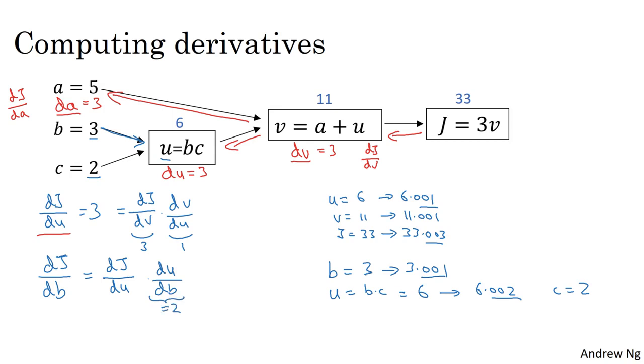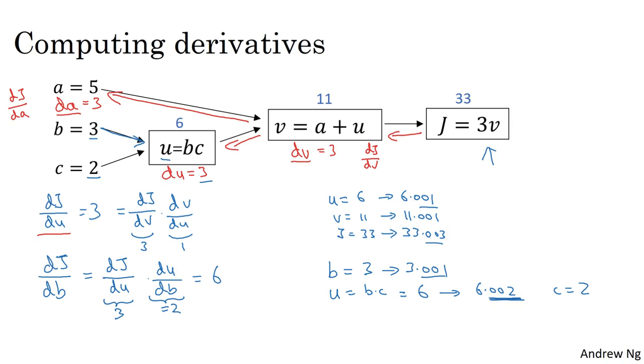And now we know that u has gone up twice as much as b has gone up. Well, what is dj du? We've already figured out that this is equal to 3. And so by multiplying these two out, we find that dj db is equal to 6. And again, here's the reasoning for the second part of the argument: we want to know when u goes up by 0.002, how does that affect j?